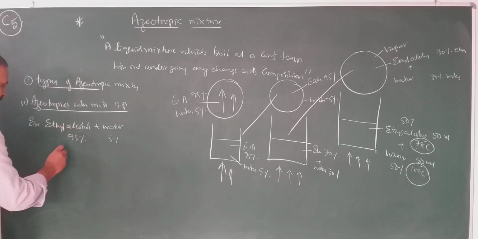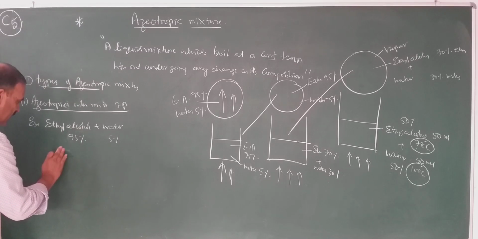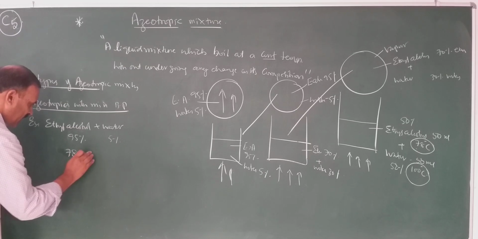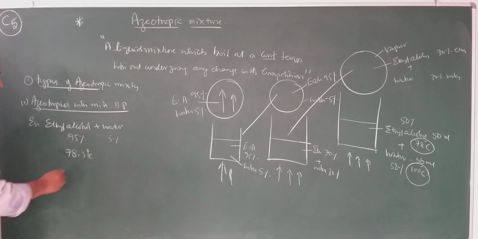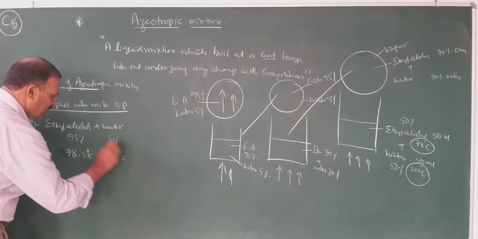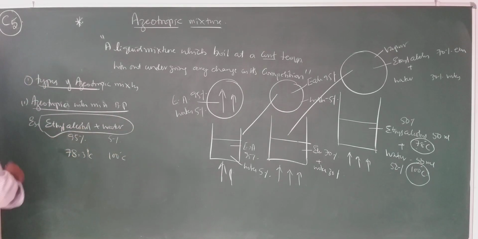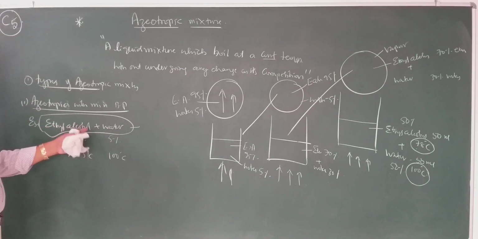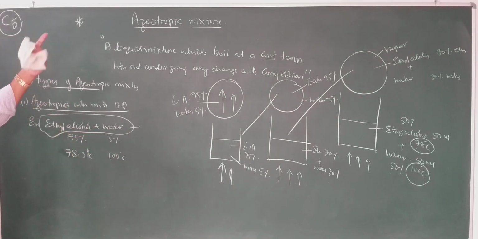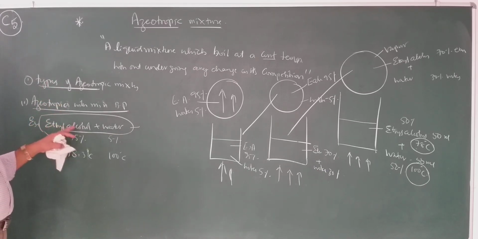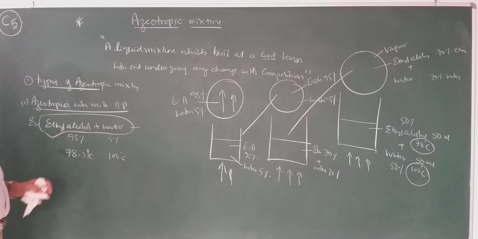What is the boiling point of ethyl alcohol? It is 78.3 degrees centigrade and water is 100 degrees centigrade. If you boil this mixture, called an azeotropic mixture, the vapor also contains the same percentage, that is 95% ethyl alcohol and 5% water.